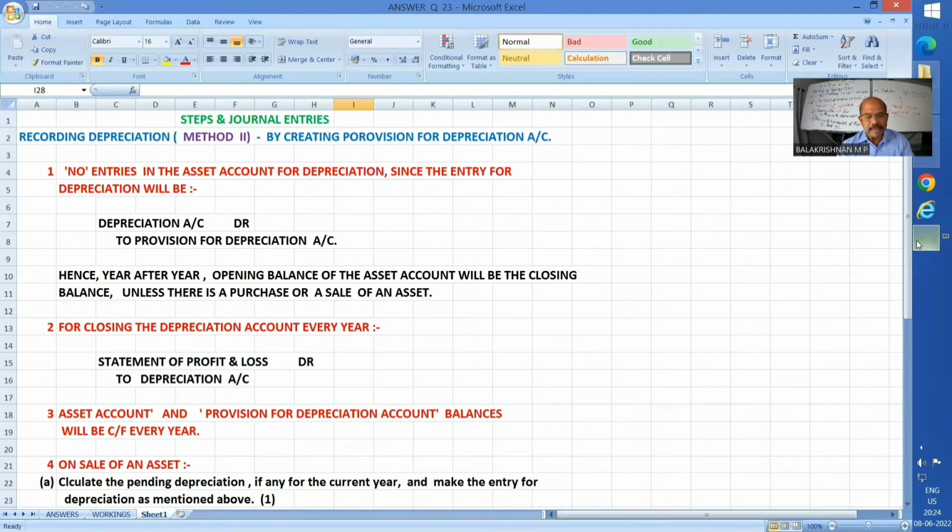No entries in the asset account for depreciation, since the entry for depreciation will be depreciation account debtor to provision for depreciation account. We are not operating asset account here, hence no entry. In other words, year after year, opening balance of the asset account will be the closing balance unless there is a purchase or sale of an asset.